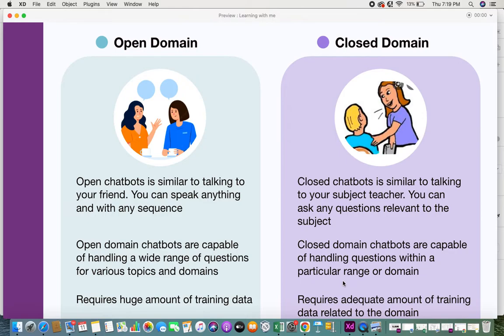Mostly when businesses work with bots, it's closed domain, because it pertains to what domain their business is in and what level of information you want the bot to respond to. Mostly people go with closed domains, but there can be use cases where you need open domains. I hope you got some information on these two.